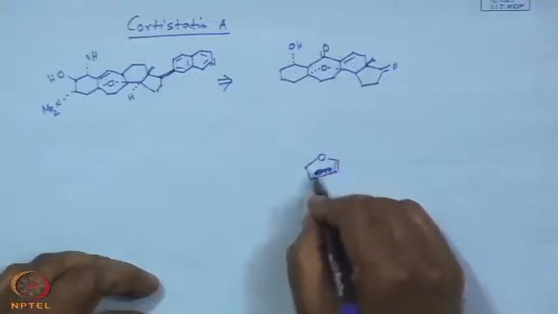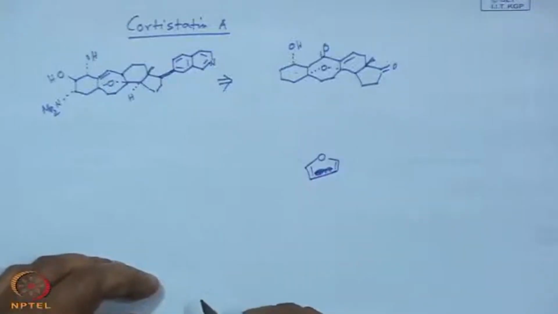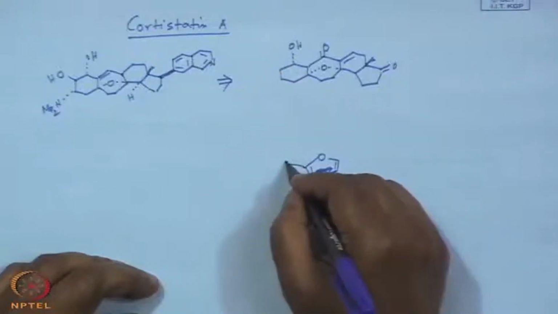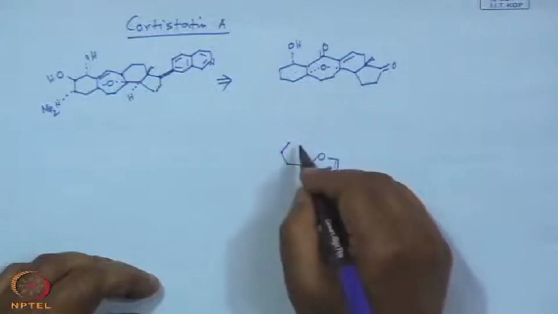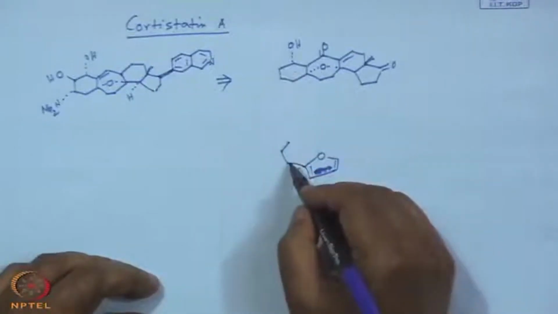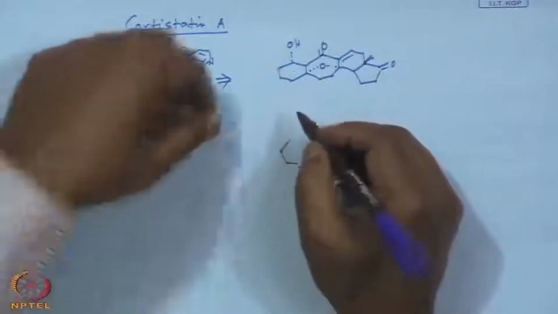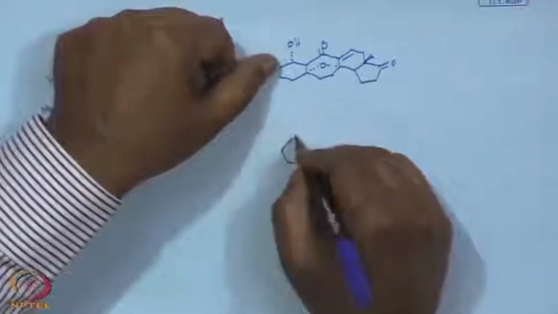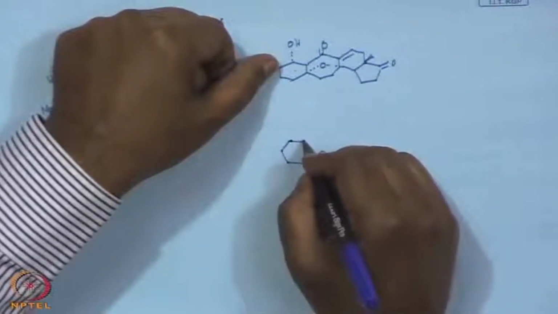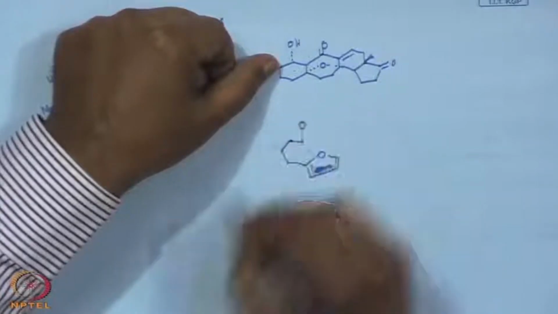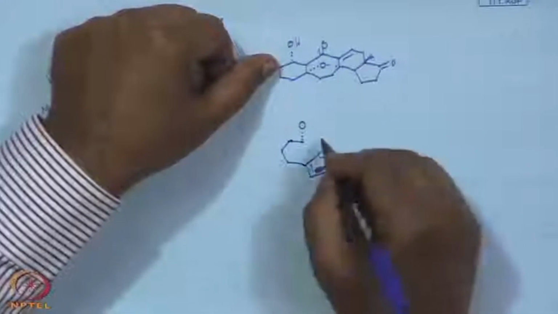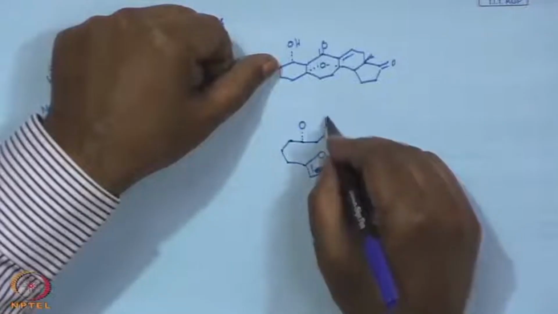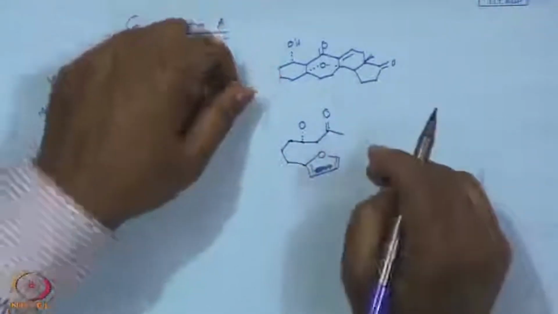So, if you very closely look at the structure here, at one end you should have a furan part, right, then you have to have how many carbons? You have to have 1, 2, 3, 4, that means 1, 2, 3 and one more, and then you will have to have oxygen there, right, 1, 2, 3 you skip, the fourth one will have an oxygen, which will have a structure like this.